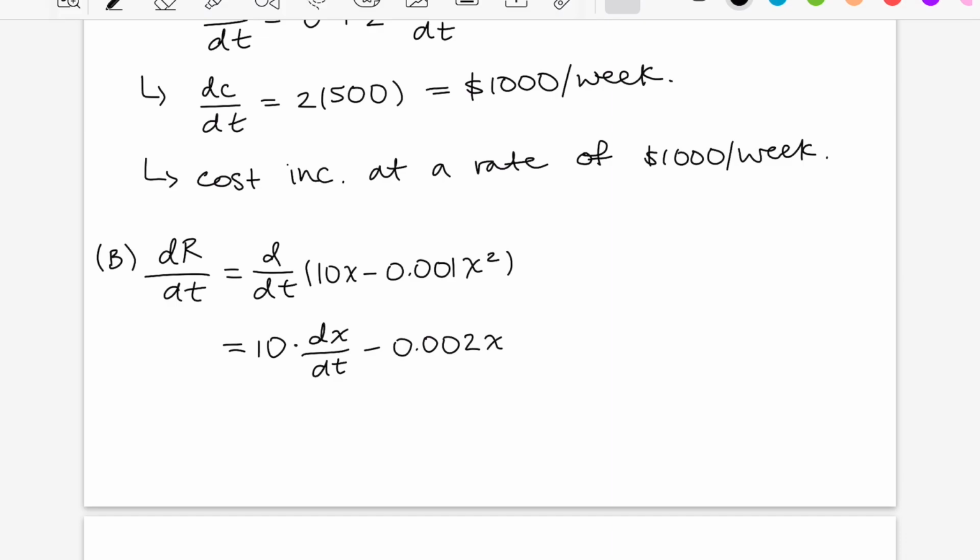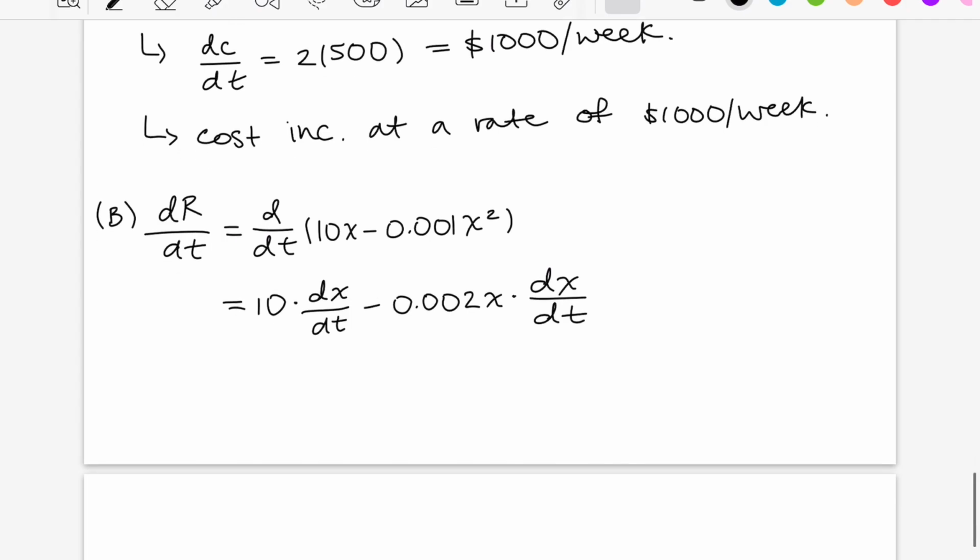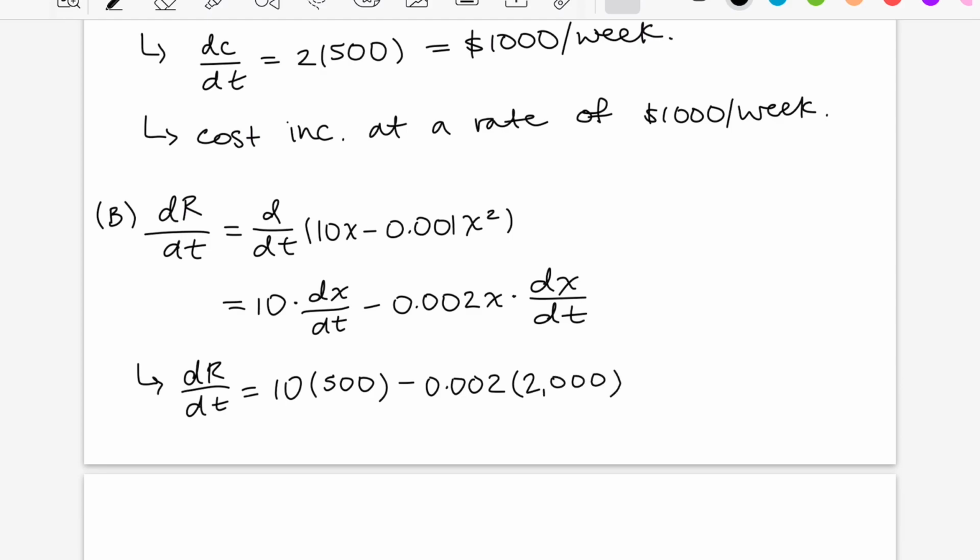And this will be evaluated at our inside function, and then we'll multiply by the derivative of our inside function. And then we want to find dr/dt when the rate of change is 500 and our x is 2,000.